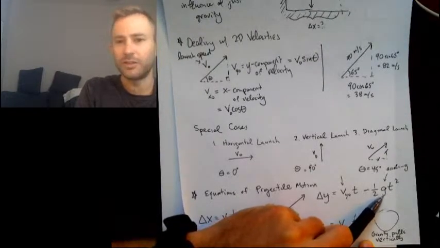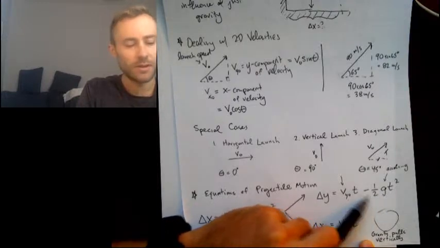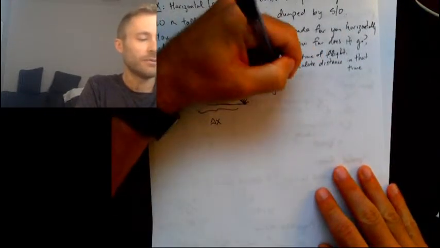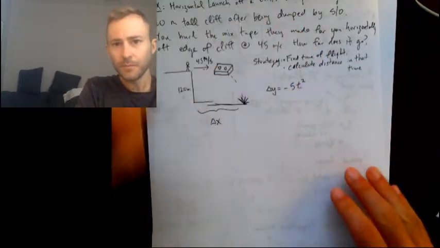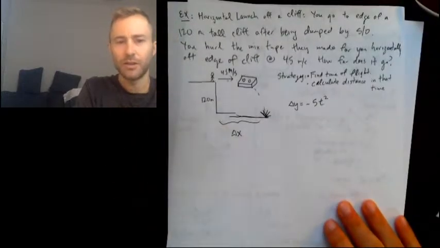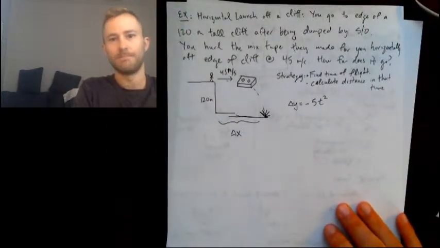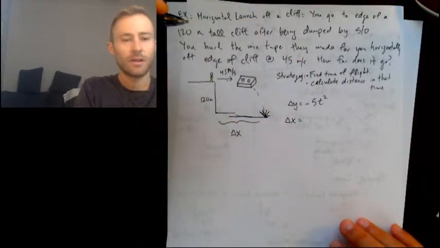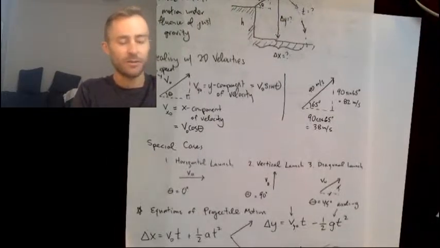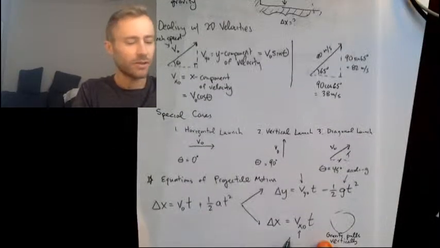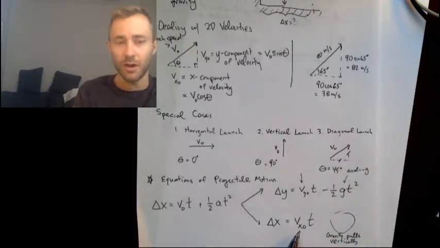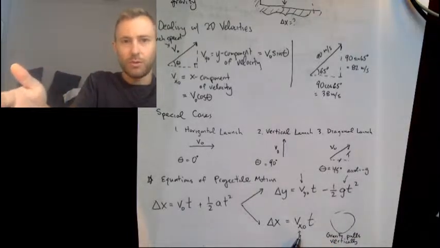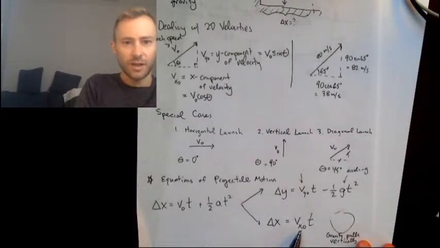For this term, g is 10, so 1/2 g would be 5, negative 5. So our delta y is really simple. It's just negative 5 t squared. Again, because it's a horizontal launch, there is no vy naught term. Our delta x equation is vx naught times time. Because it was a horizontal launch, all of that launch speed went horizontally. So vx naught is actually going to be the full launch speed in this case.